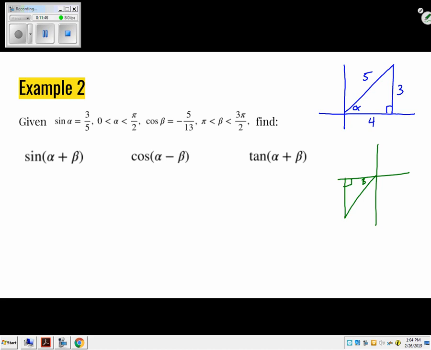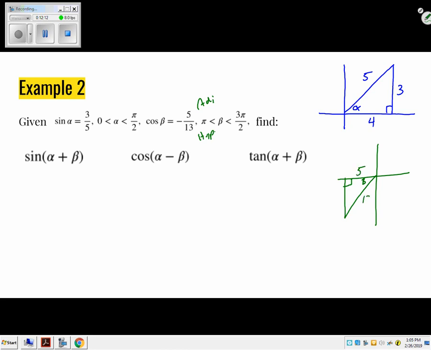And what do I know about the sides of this beta triangle? -5 and 13. Which side is which? This is adjacent and hypotenuse, correct? So the adjacent side is 5.